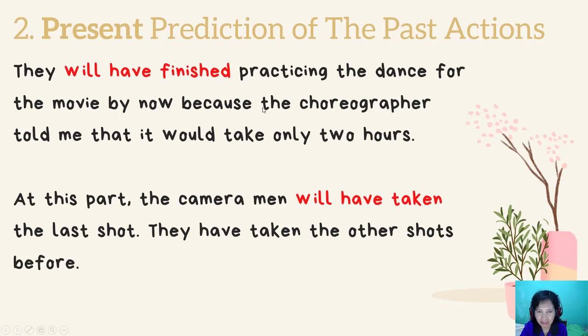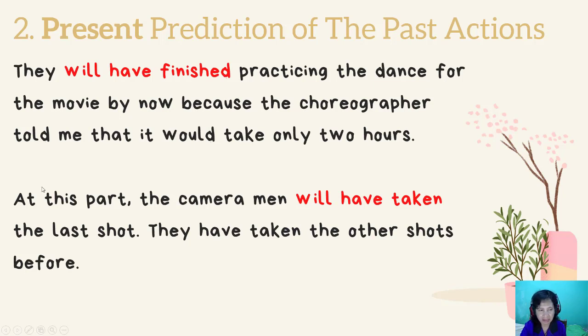Based on this sentence, we have a prediction, of course the completed action, that they will have finished practicing the dance for the movie by now. By now shows present.